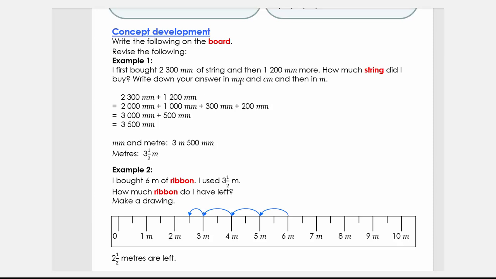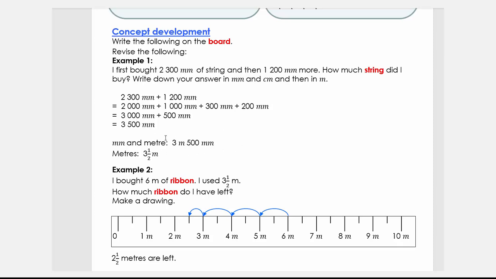So I answer the first part of the question. Then we need to write it in millimeters and centimeters. So if I have 3 meters and 500 millimeters, I can also say 3 meters and 50 centimeters, and then I can write it as 3.5 meters.